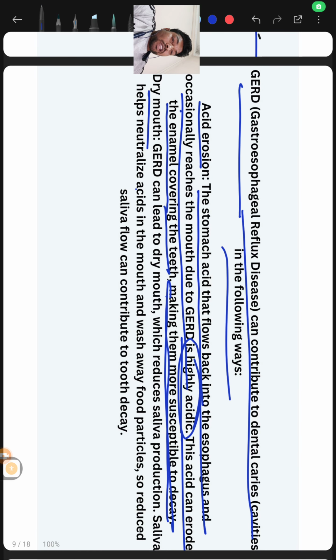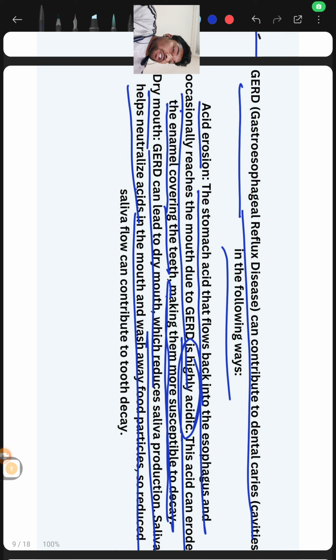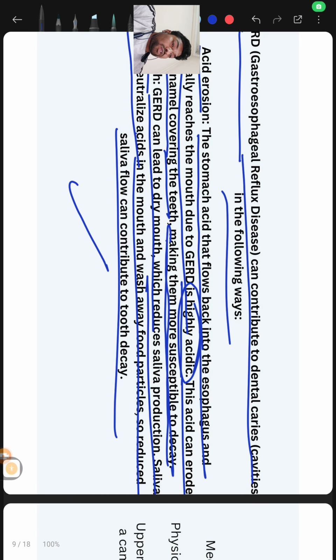Similarly, GERD leads to dry mouth, which reduces saliva production. Saliva helps neutralize acids in the mouth and wash away food particles, so reduced saliva flow can contribute to tooth decay.